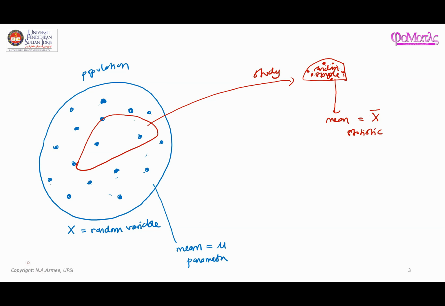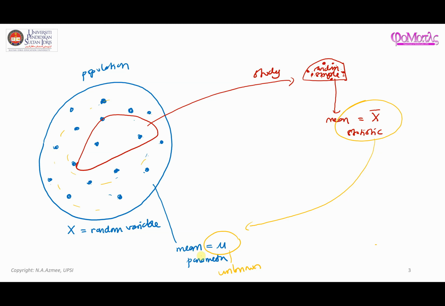The result from our random sample here will be used to estimate the value of mu, because mu here is usually unknown. Why is it unknown? Well, because you can't study the whole thing. If you can't study the whole thing, it is impossible for you to know the value of mu, right?